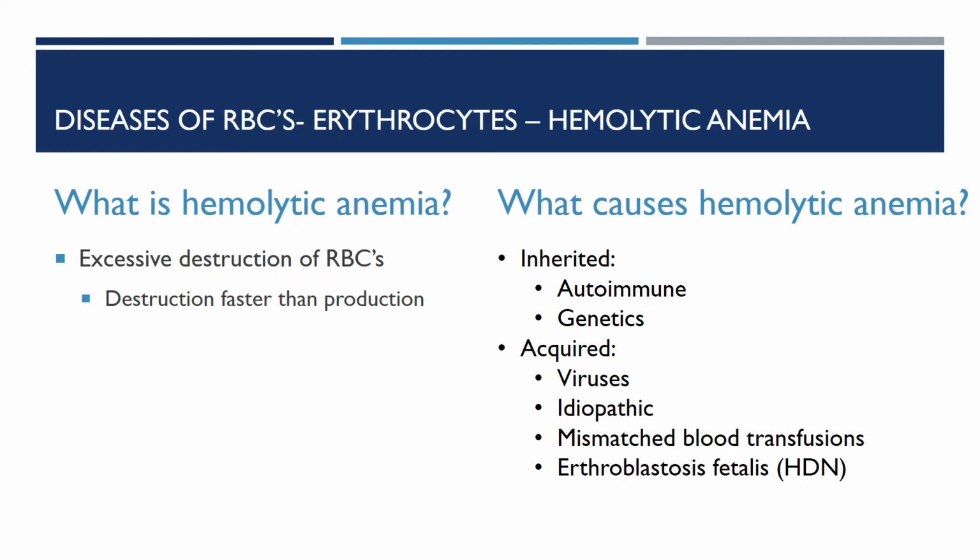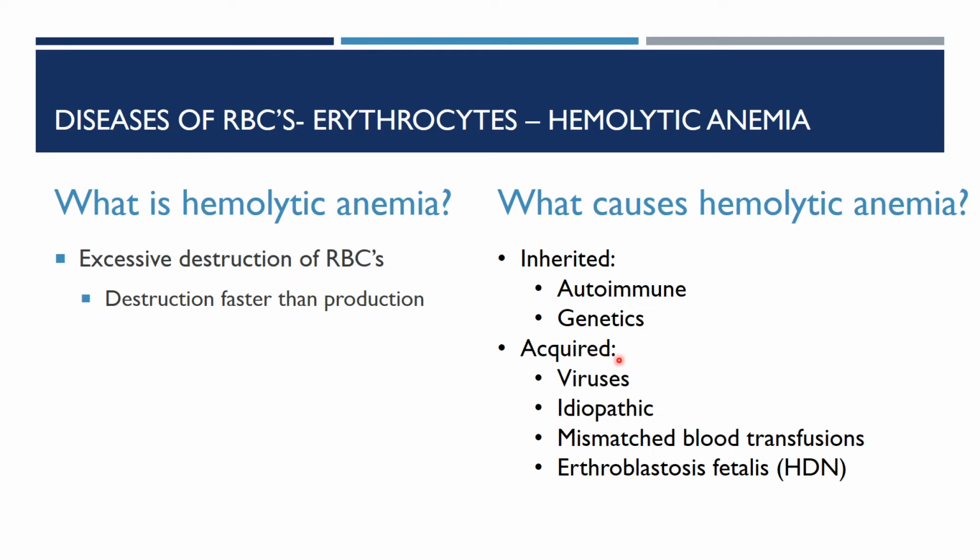So causes of hemolytic anemia, we have inherited and acquired causes. And so inherited causes can include autoimmune, right? So if your antibodies are detecting your red blood cells as foreign, it's going to target them and destroy them. Or if you are passed down a genetic condition in which your hemoglobin or red blood cells do not form correctly, or we see some other defect in those cells.